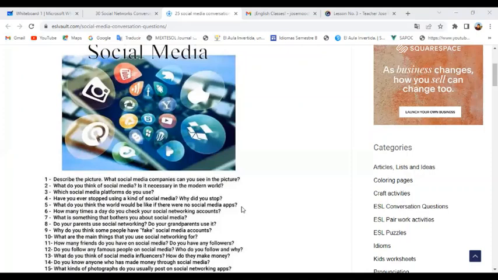What do you think the world would be like if there were no social media apps? Well, this is an interesting question. Probably everyone will ask us this question, because nowadays social media, even when it provides us a lot of advantages, probably without social media, we would reduce our exposure to the amount of bad fake news that is nowadays a harm for society.